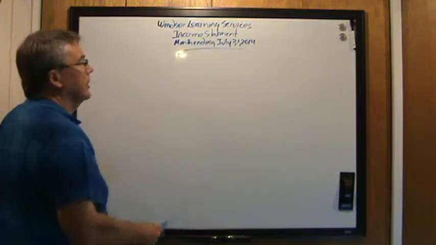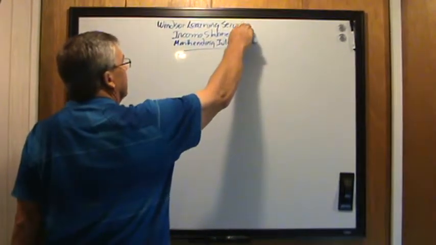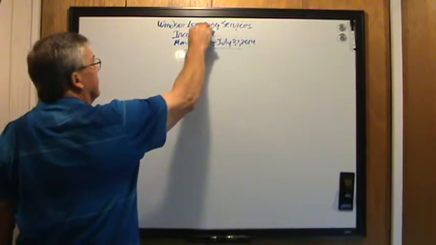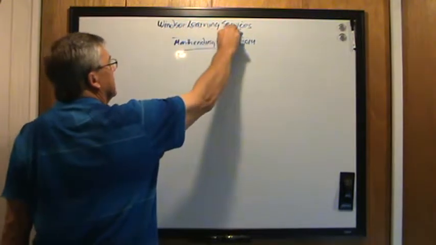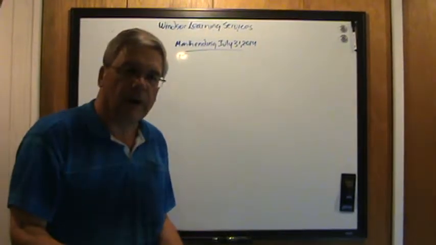I'm going to take a little shortcut, because the name of the company, of course, stays the same. And the statement of owner's equity is also for a period of time.